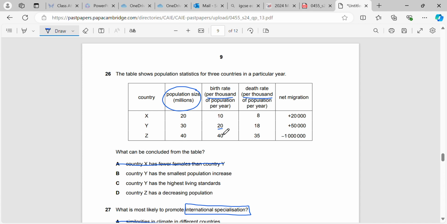So if we divide 1,000,000 by 1,000, we're going to get 1,000, right? And then if we multiply 20 by 1,000, we'll find out that that means we've got 20,000 people being born in this country for the size of the population, right? So we can do a quick calculation. If you multiply those, what you'll see is we've got 20,000 being born per million, 18,000 dying per million.